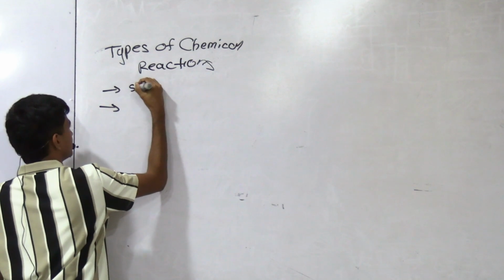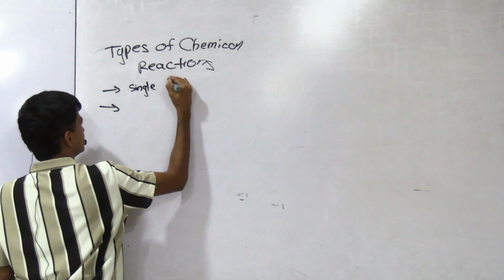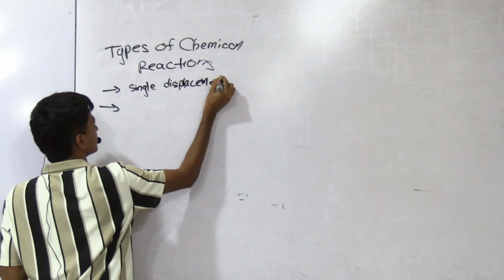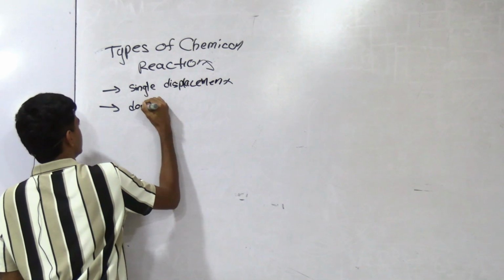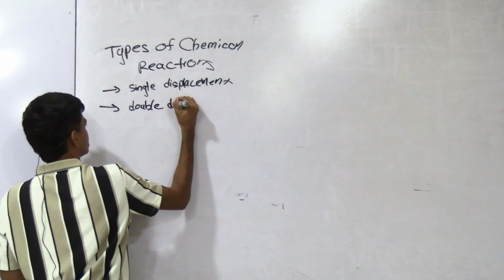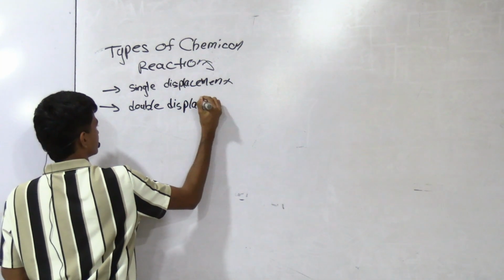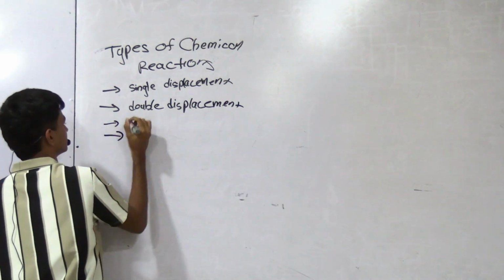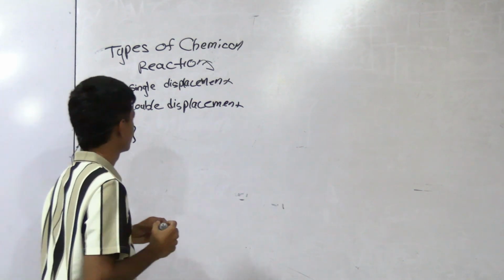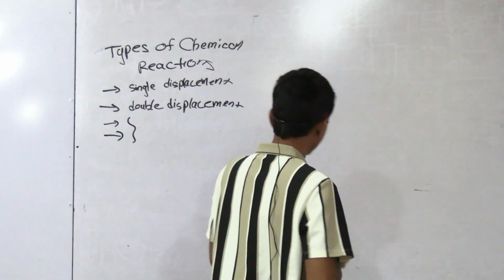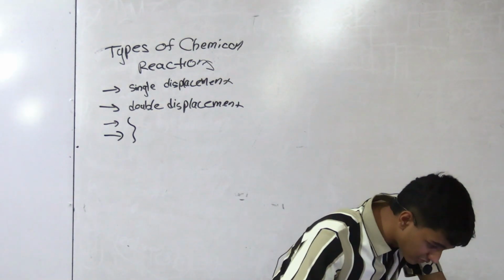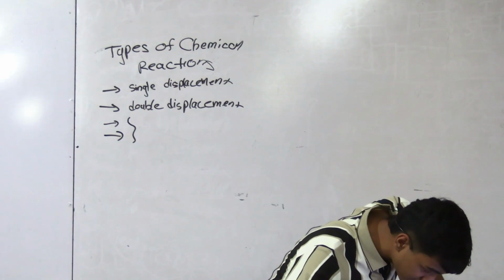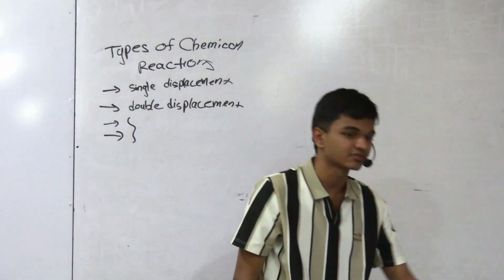We have single displacement reactions, then we have double displacement, and two more. You guys should know these. Read them. Gonna go over these. So here we have what type of reaction?